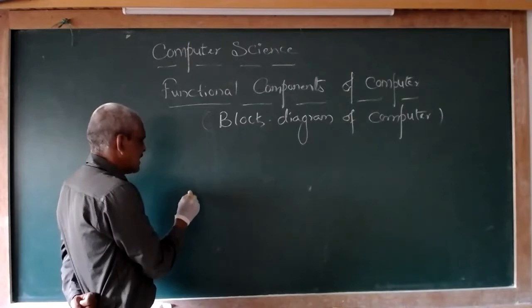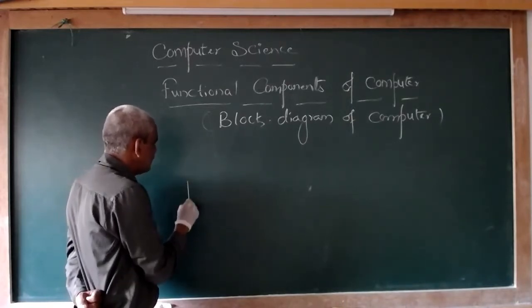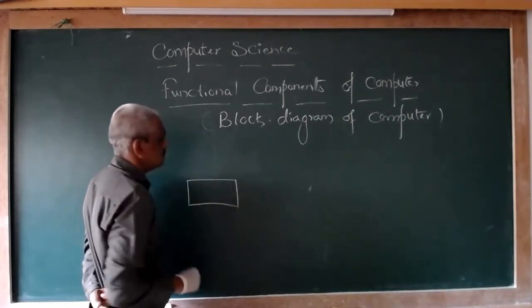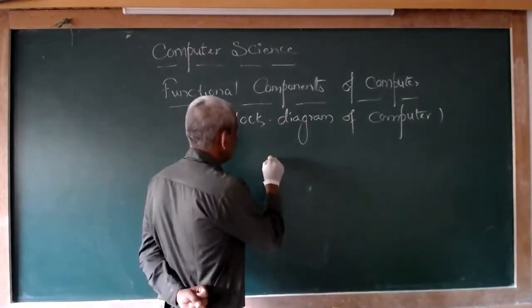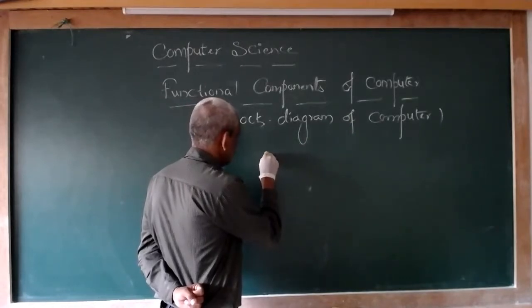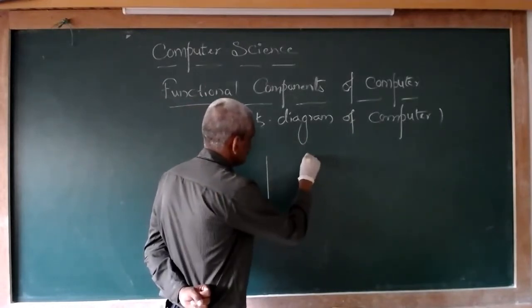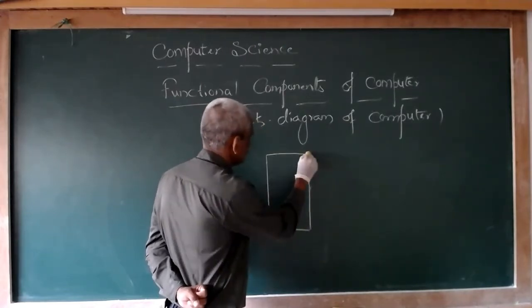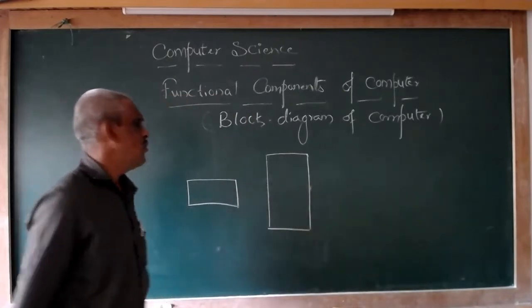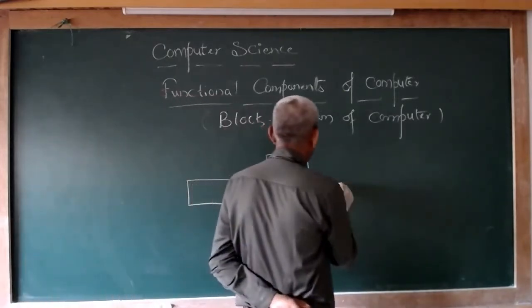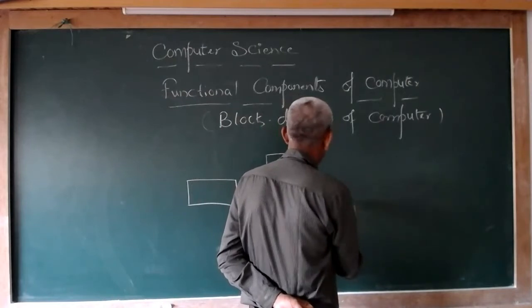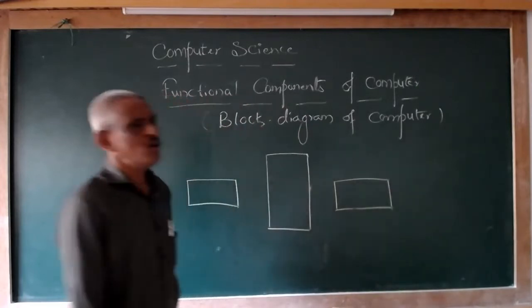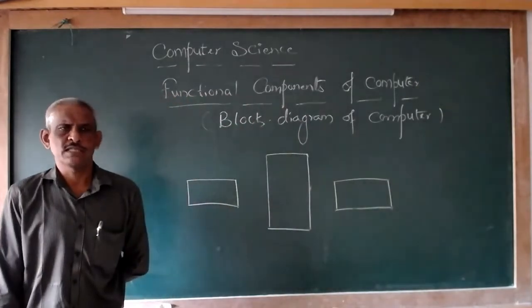Now, let's start. First, what do we need? I need 3 boxes. 1, 2 and 3. I draw the first 3 boxes.